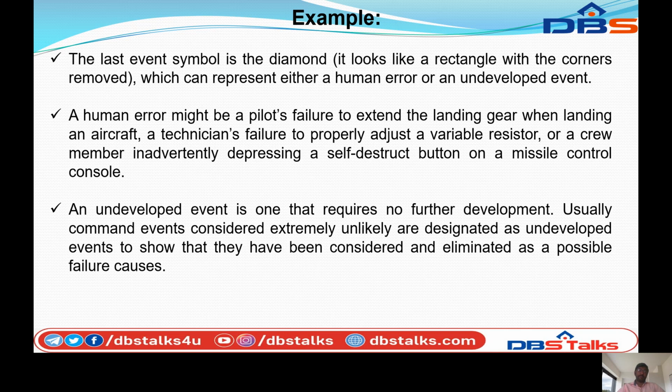A human error might be a pilot failing to extend the landing gear when landing an aircraft, a technician failing to properly adjust a variable resistor, or a crew member inadvertently depressing a self-destruct button on a missile control console.